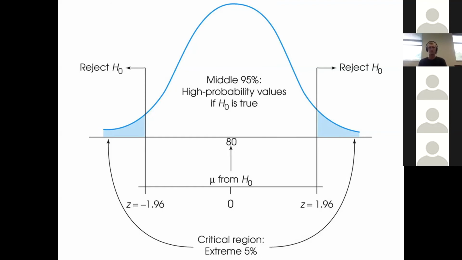And so let's say that we've set our alpha level at 0.05, or 5%. That means I'm going to split that 5% into the two tails such that each tail has 2.5%.